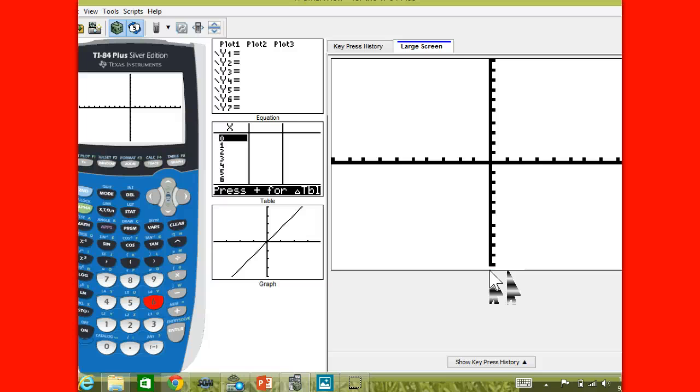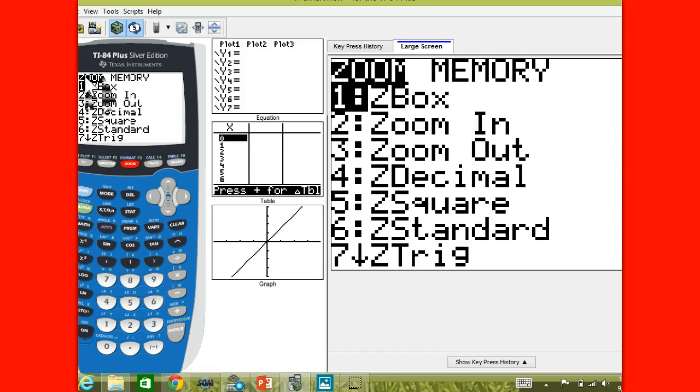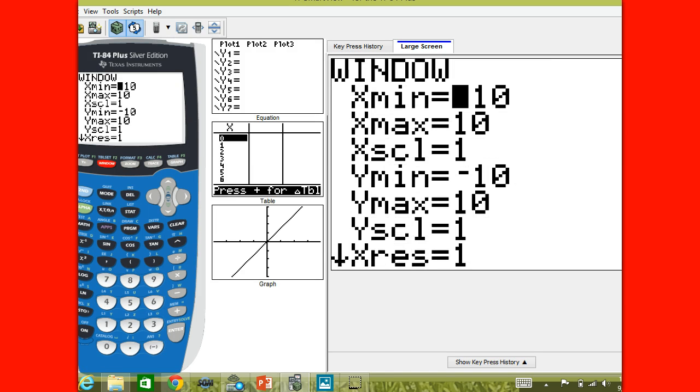So I need to go back, and I can't just use perhaps the default. I need to go back and just manually set an appropriate viewing window. So do I need to change my x values? No, there wasn't a problem with them. It was that I couldn't see the y values, right? So I'm going to scroll down here to y.